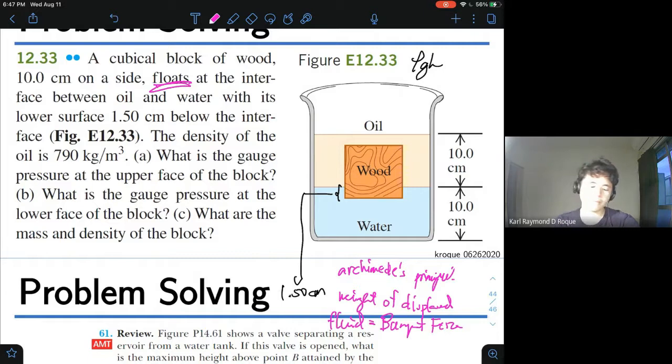O sige. Clue. Ano yung height na to? By geometry, ano dapat? 1.5 cm din, right?